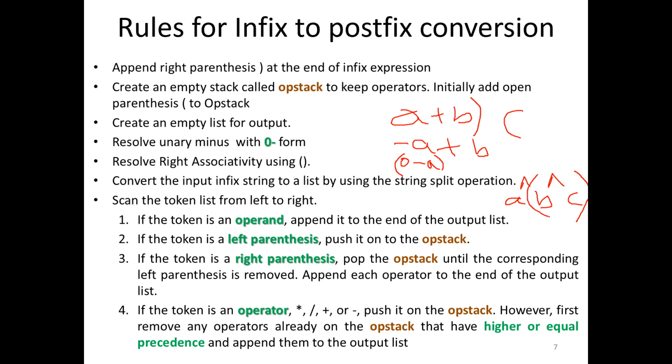As we know that b is raised to c first, put the bracket, enclose b power c inside the bracket. This is the next guideline. So resolve right associativity with the bracket. If at all there is any ambiguity in the expression, you put that inside the bracket. These are the things that one should note.